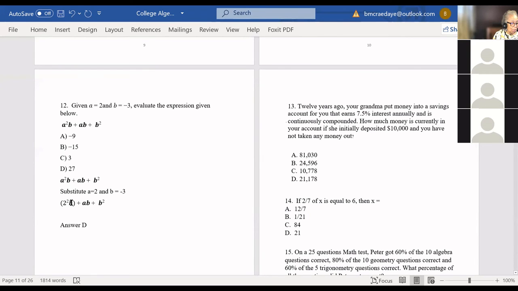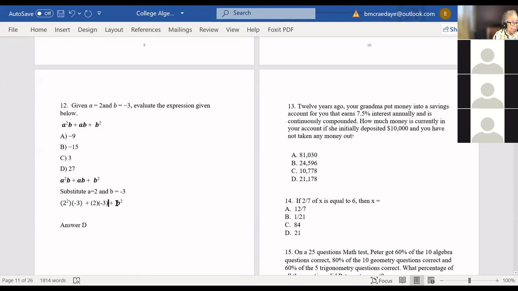So let's put 2 to the second in parentheses, times b, and b is a minus 3. So let's put the minus 3. Okay, plus a times b, this would be 2 times minus 3. Okay, that takes care of our AB, right?